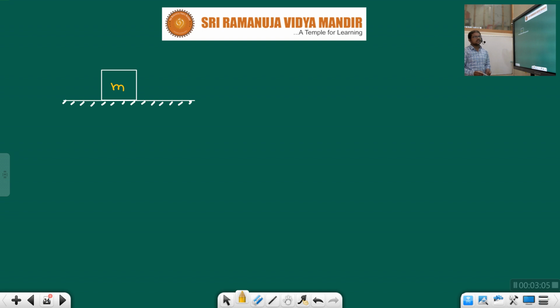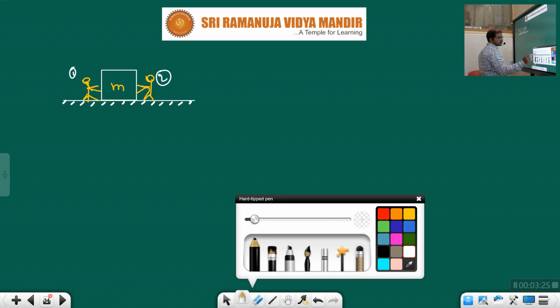Here the mass of the block is m, and two persons are standing, person 1 and person 2.